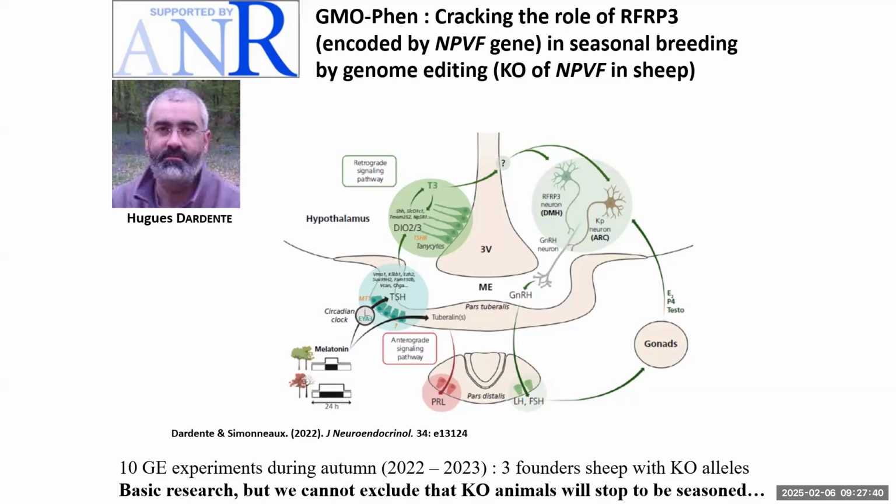But we cannot exclude that the knockout animal will stop being seasonal. And in that case, you see that it could be very interesting for an agronomical purpose. It shows that when you are doing functional genomics in farm animals, the frontier between fundamental science and applied science is very thin.